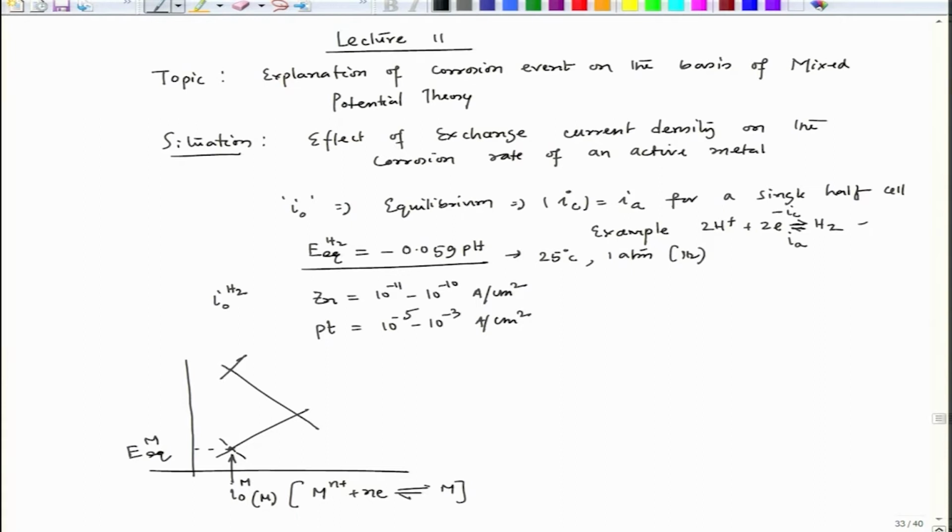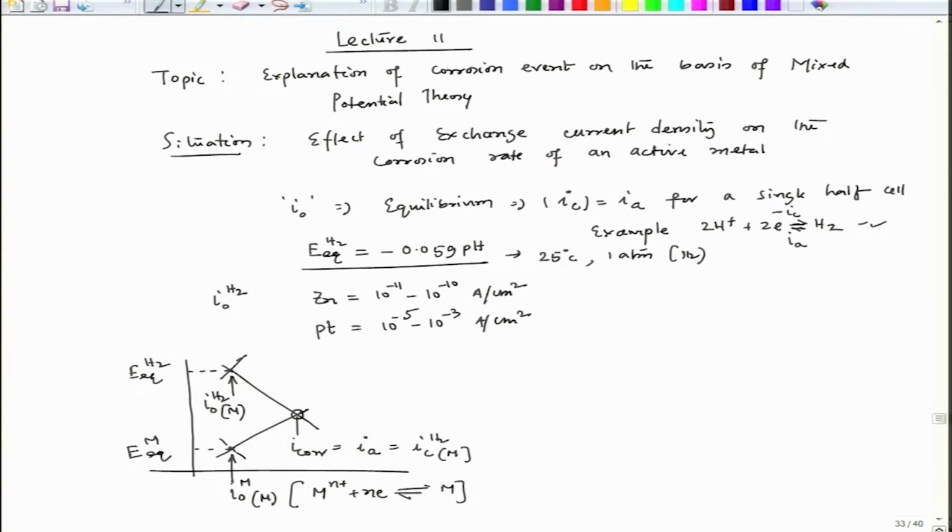And similarly, if I consider E equilibrium of hydrogen, for the hydrogen evolution reaction on that metal surface, I will have I 0 hydrogen over metal surface. That time we are considering the hydrogen evolution reaction, 2H plus 2e equal to H2, and the corrosion rate is here. So, this is I corr equal to I A equal to I C hydrogen over metal.